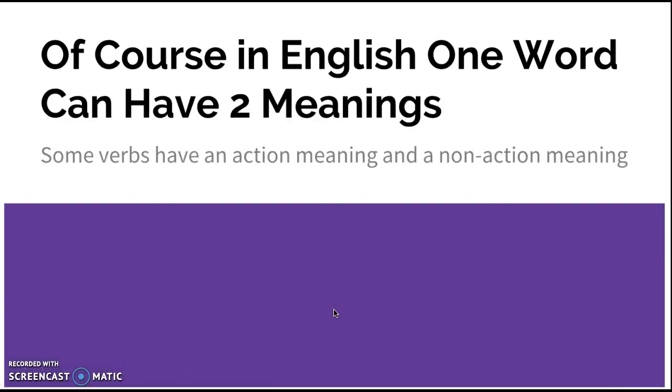Of course, in English, one word can have two meanings. So that means some verbs are a little confusing. Some verbs have an action meaning and a non-action meaning. So you have to think about the meaning of the word in the sentence. For example, the verb have is like that. So usually when we talk about have, we're talking about ownership.